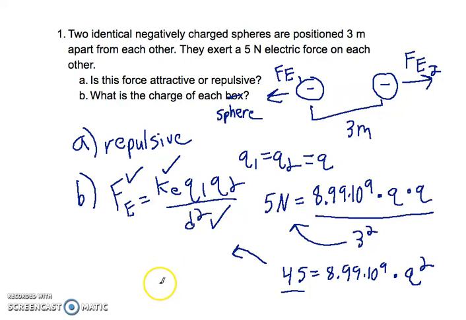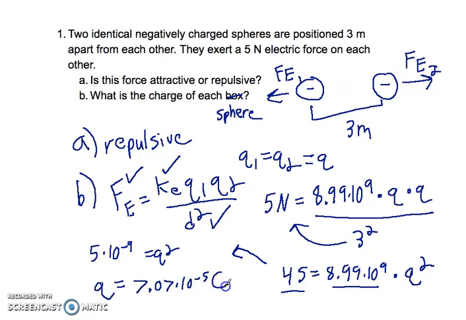So if we do this out, 45 divided by the 8.99 times 10 to the 9th, we're going to get a really small number, 5 times 10 to the negative 9th is equal to Q squared. And then if we take the square root of that, we're just going to get Q, and Q is going to be equal to 7.07 times 10 to the negative 5 coulombs.